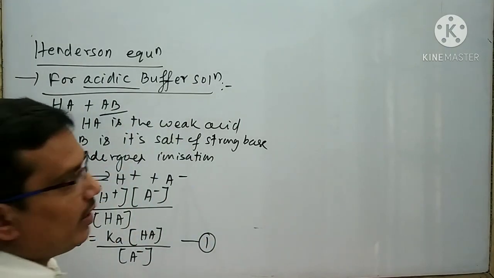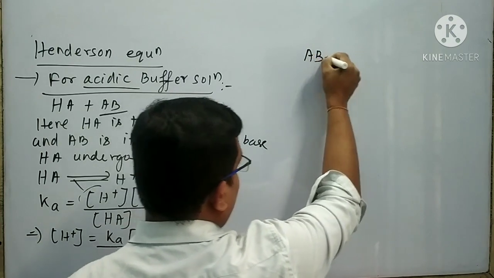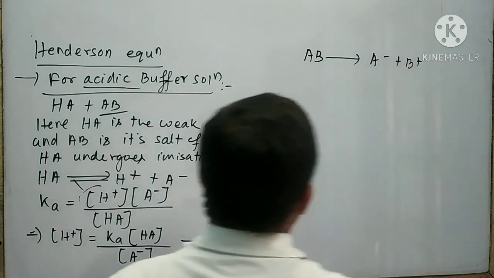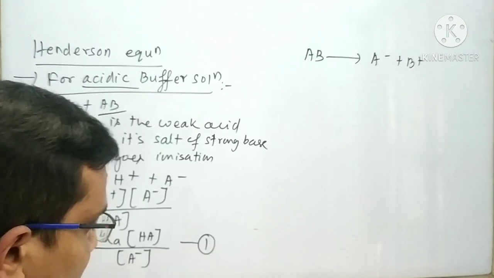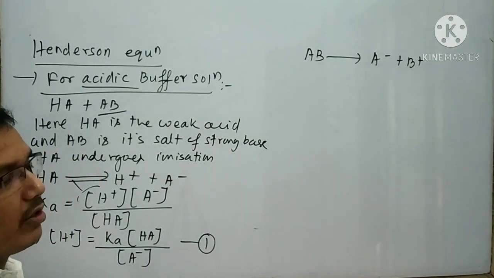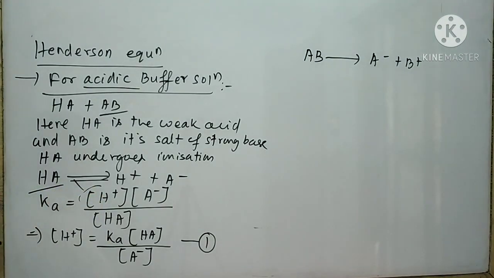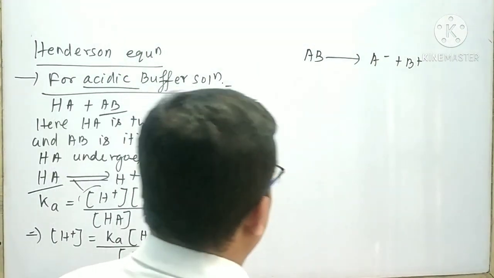Similarly, the salt AB undergoes dissociation, giving A minus plus B plus. Since the salt AB is a strong salt, it undergoes complete dissociation. On the other hand, HA is a weak acid, so it does not undergo complete dissociation.